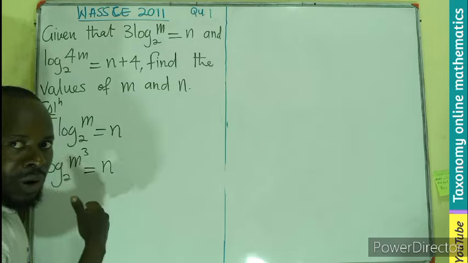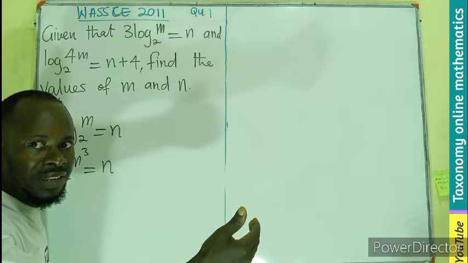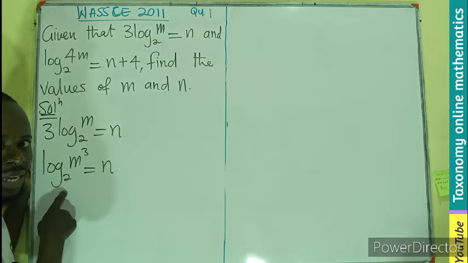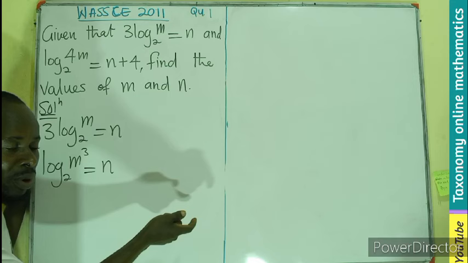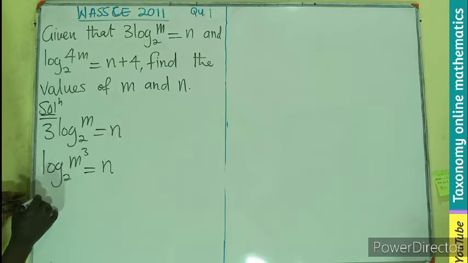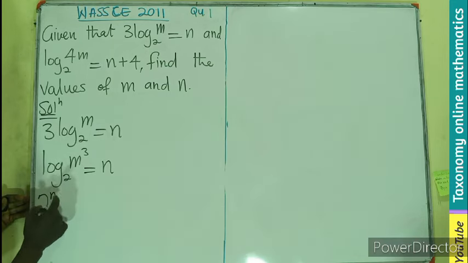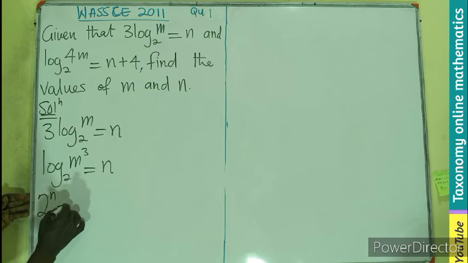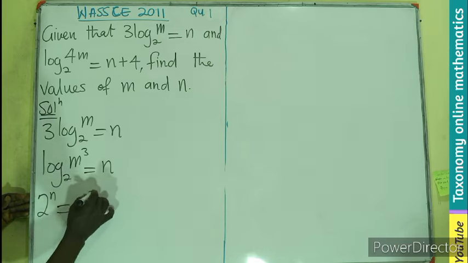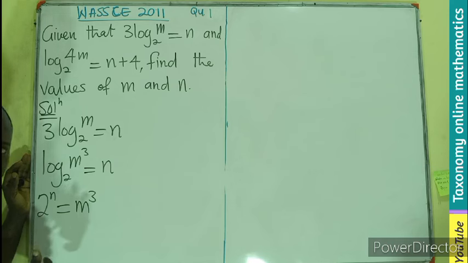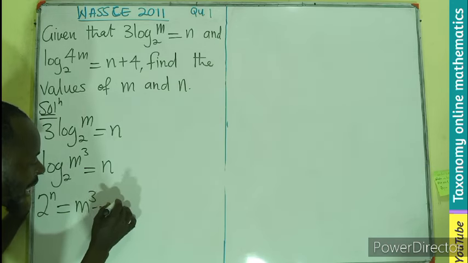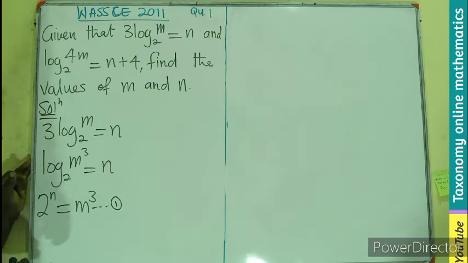So now from logarithm we can also convert to indices, making the base being the base of the indices, taking the number as an exponent equals the argument, meaning 2 exponent n is equal to m exponent 3. So now we are in indices. We don't have much to do. So let's label this as our first equation.